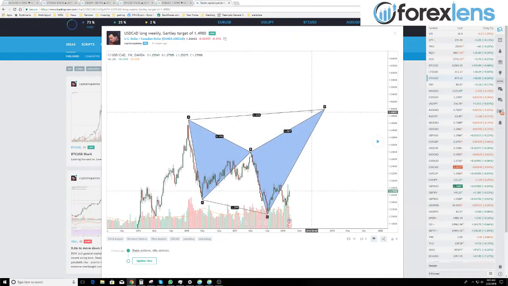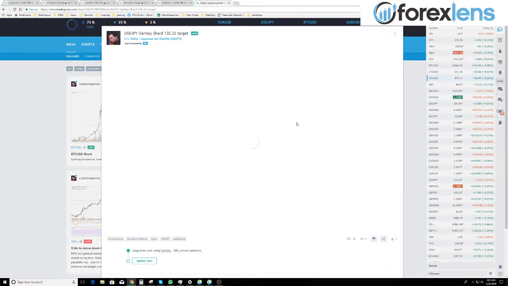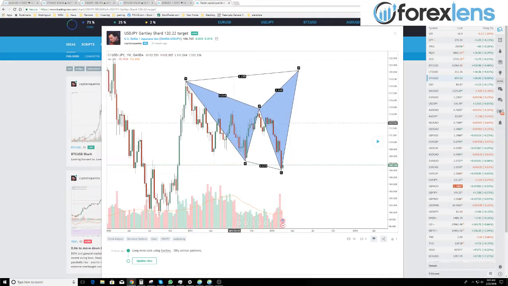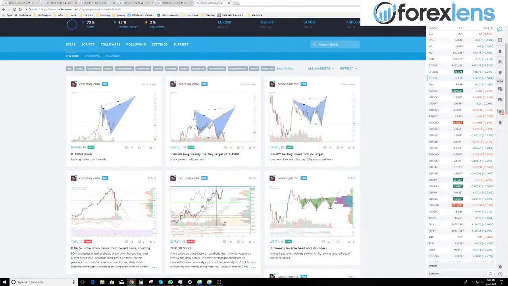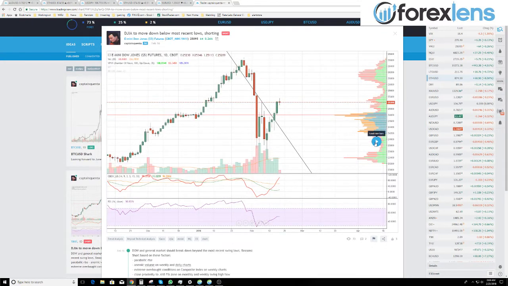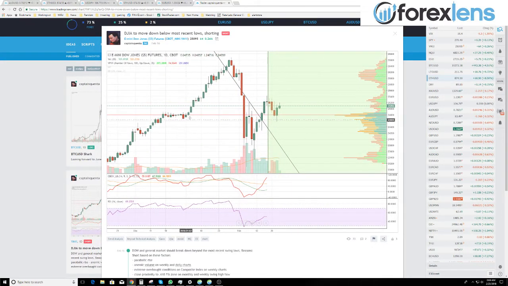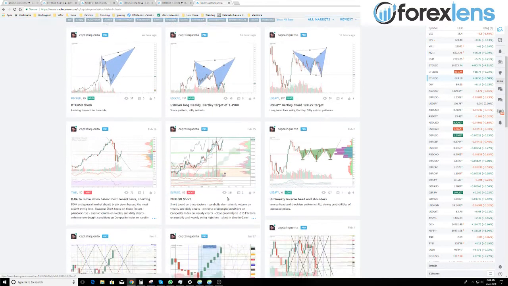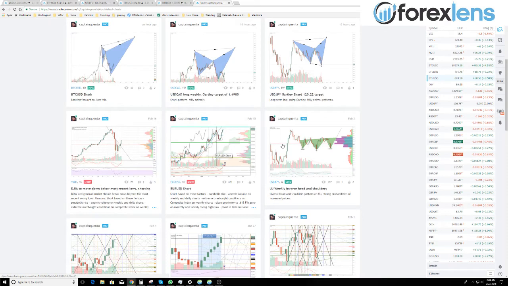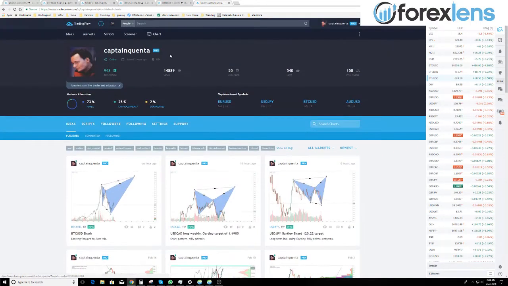UCAD, I have a long target pointing up towards, this is on a weekly chart, the 150 area. Dollar yen, there's a bias for coming all the way up there. Also, there's another Gartley for all the way down there. Dow Jones Industrial did that on the 16th, to move down below its most recent lows, shorting. Oh, let's see. I think that's about it.